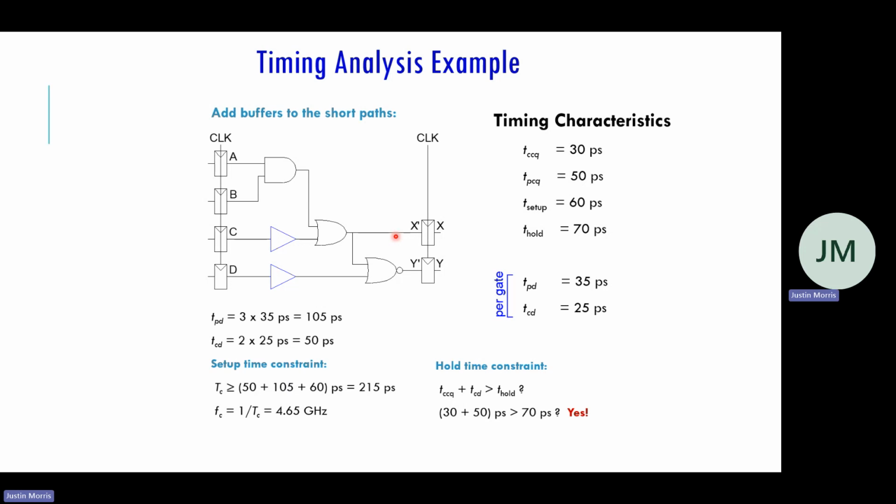But before we go into more practice on the timing analysis equations for sequential logic circuits, we are first going to learn about finite state machines. So finite state machines are going to be the first kind of higher level application of digital logic circuits that you're going to learn about.